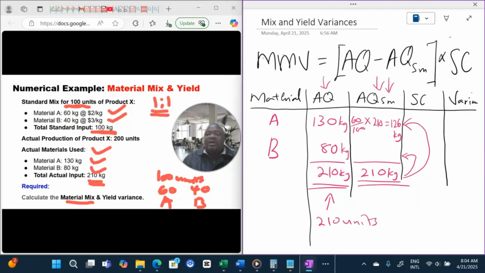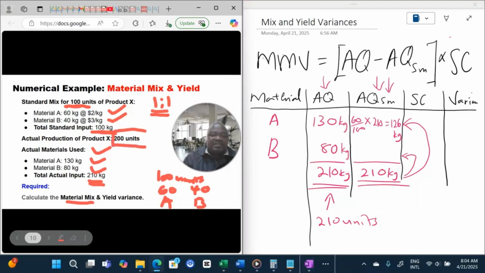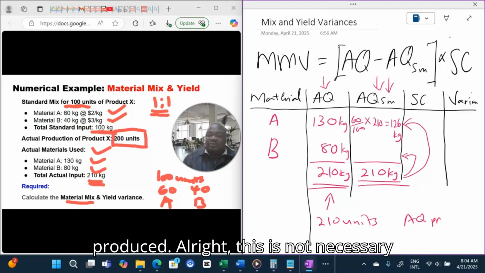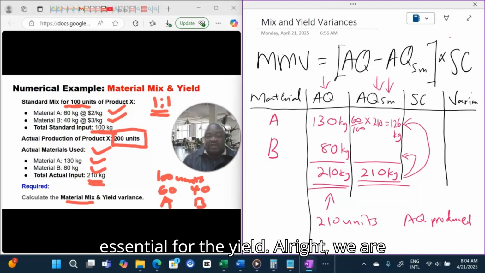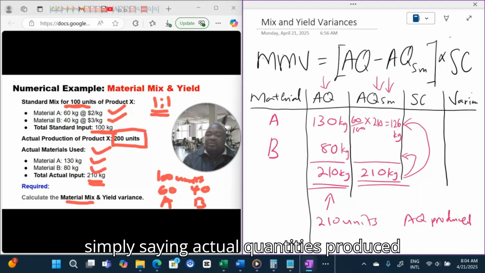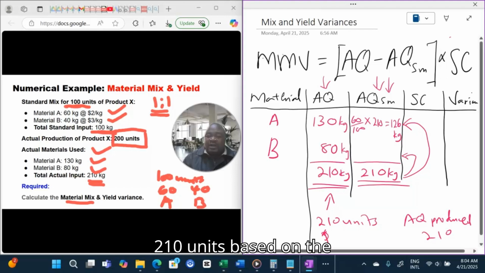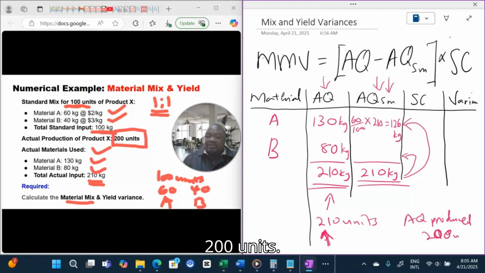The actual units produced, which is not necessary for this variance computation but is essential for the yield, were 200 units, when we were expecting 210 units based on the standard ratio.